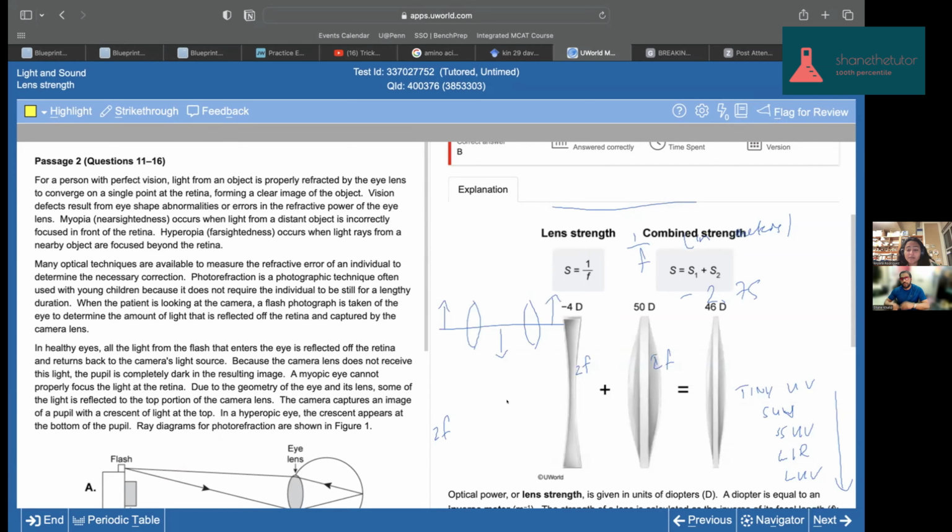So that's why when I wrote the U and the I, think of it as inverting. Because we have an upright image here, inverted here, which is what happens when you create a real image. And then if you take this inverted real image as an object and we create an inverted real image of that, we're inverting what's inverted.